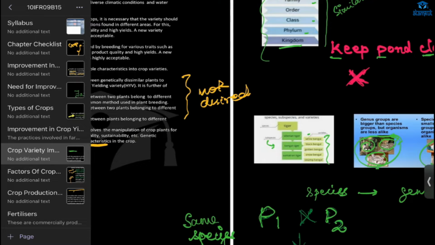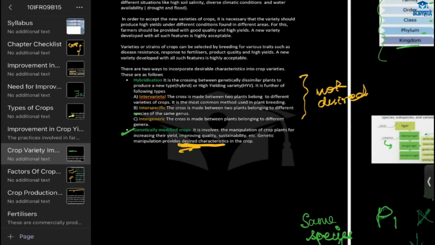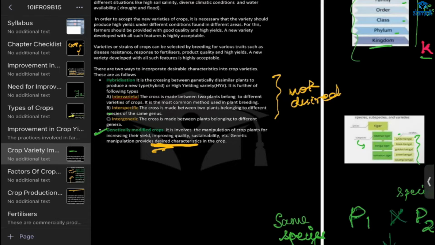Ma'am, cross means breeding, mating. Yes, that is cross. So we take one plant and cross it with another, then we get offspring, a new plant, that is a hybrid.